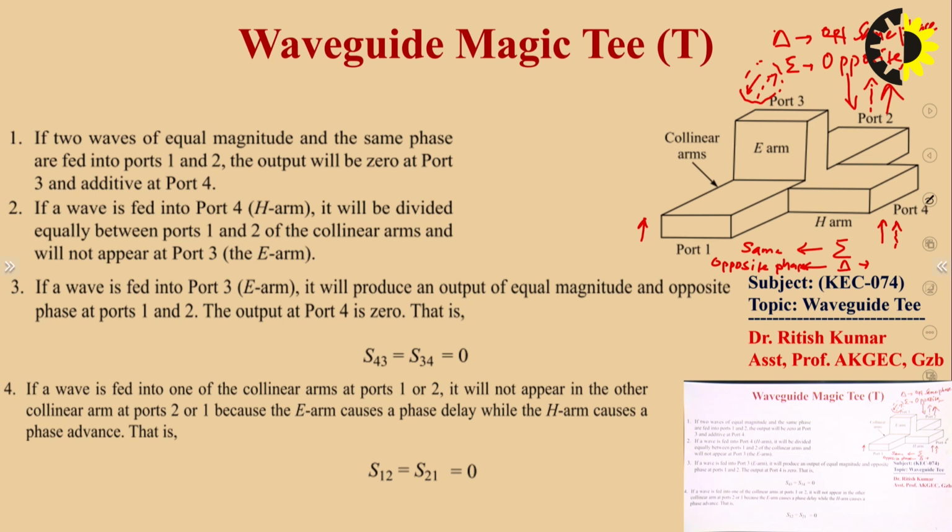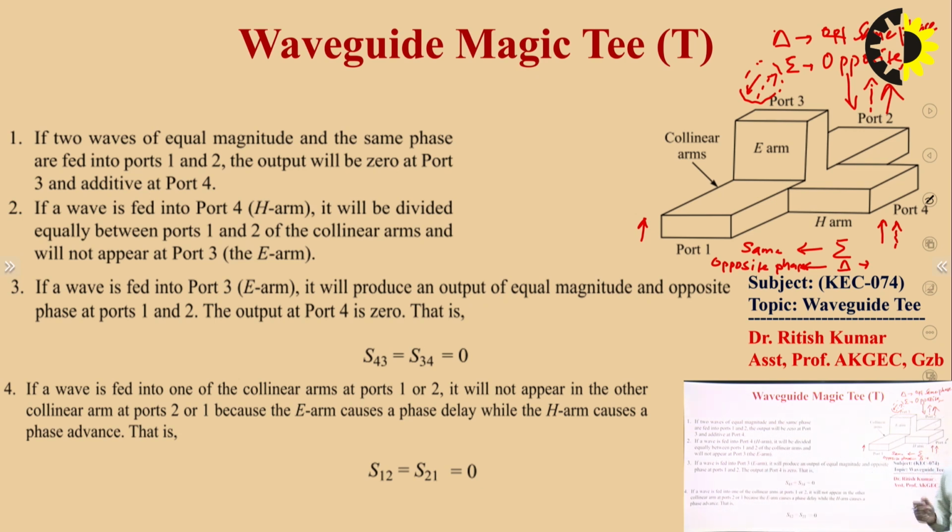Similarly, if you apply the input at port number 4, you will get nothing at port number 3. So we can say port number 3 and port number 4 are both isolated by nature. And why are they isolated by nature? So why do we call this kind of junction a magic T junction?